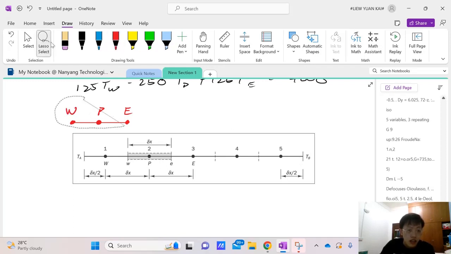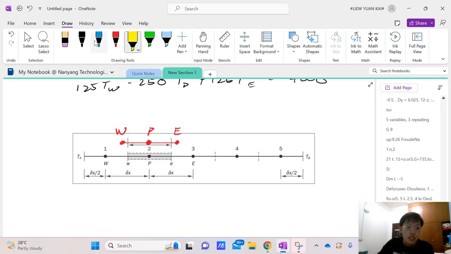Remember, I'm going to take this template and put it over point 2.